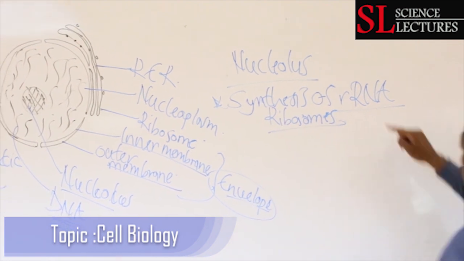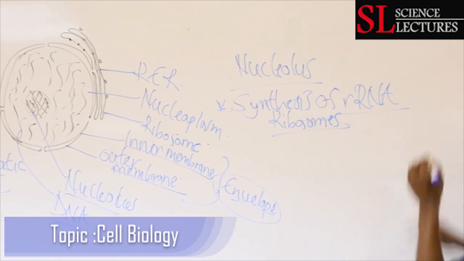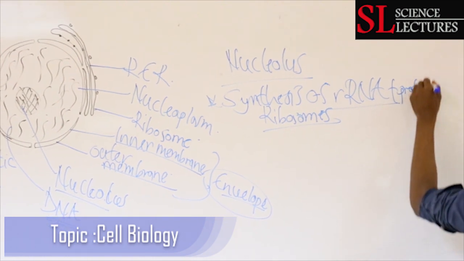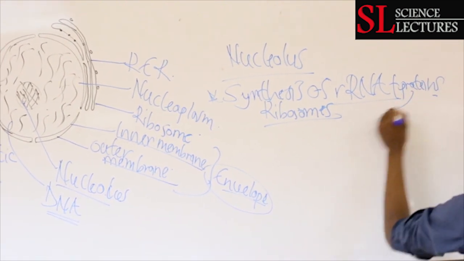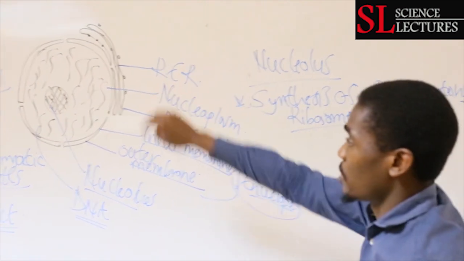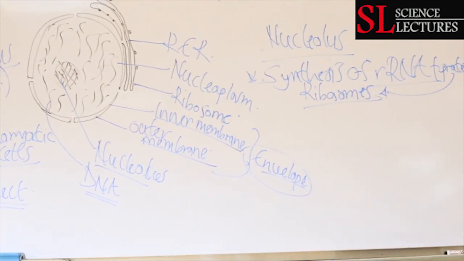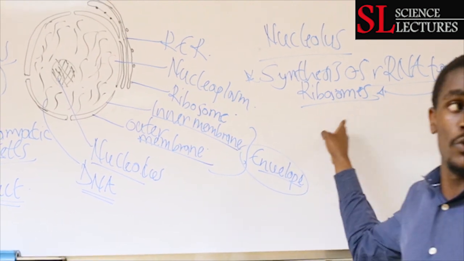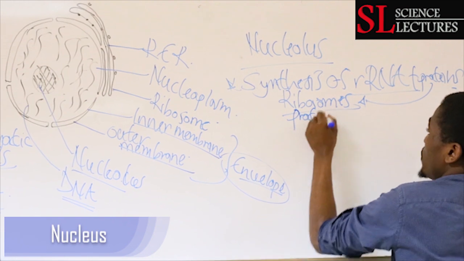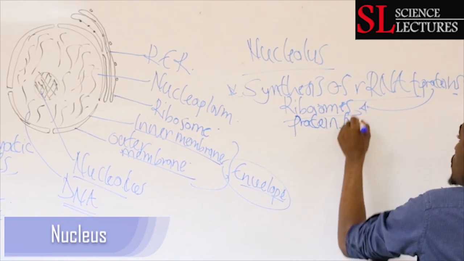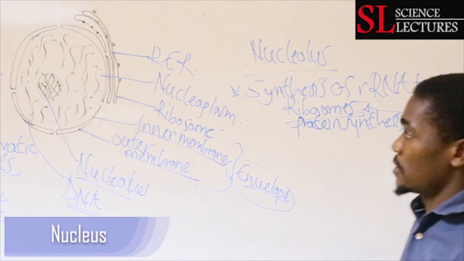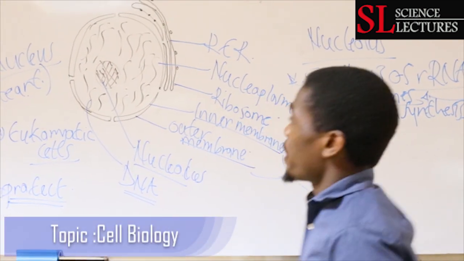It synthesizes ribosomal RNA, which later combines with simpler proteins to form the ribosome. That is how important the nucleolus is, because ribosomes are helpful in protein synthesis.